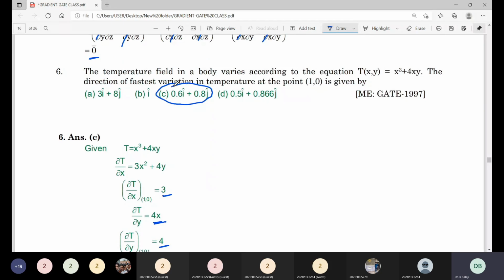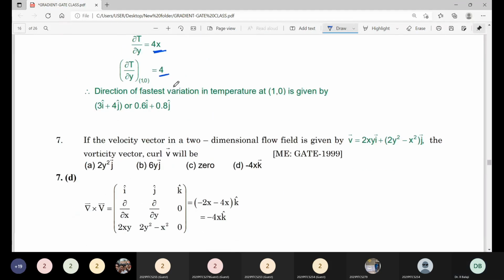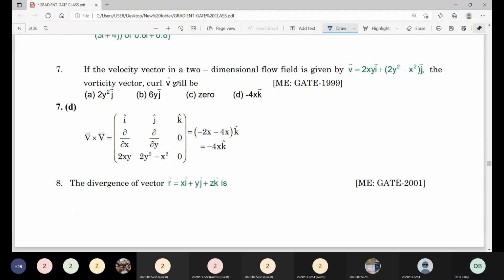Okay, next. If the velocity vector in a two-dimensional flow field is given by V equal to 2xy i vector plus (2y squared minus x squared) j vector, the vorticity vector curl V will be del cross V, equal to the determinant with rows i j k.